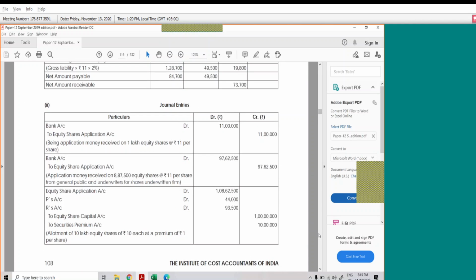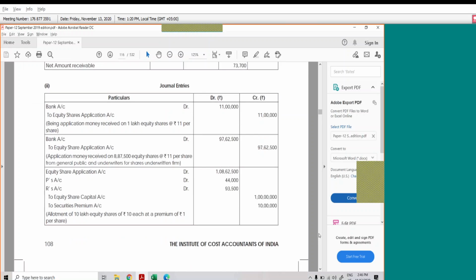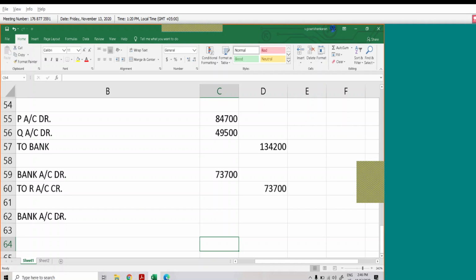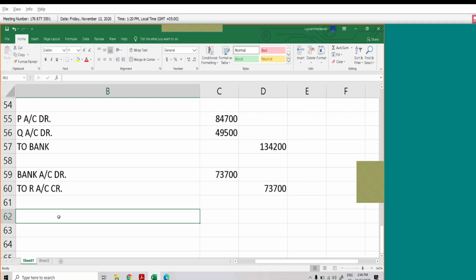Let me check with the answer. This entry only I am going to say now. So P account debit is this much, 44,000. R account debit is 93,500. For that we have to pass one entry, not this payment entry and all.